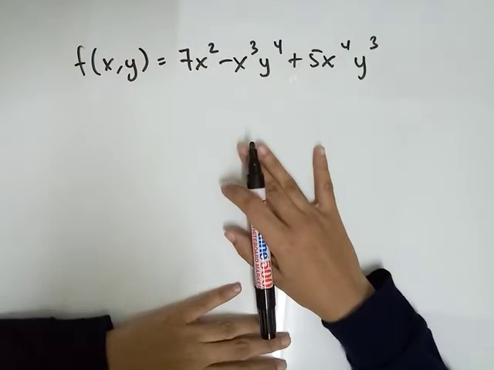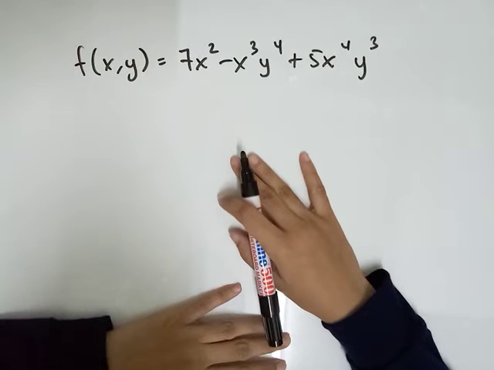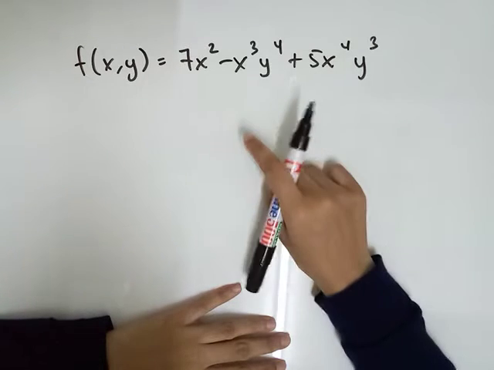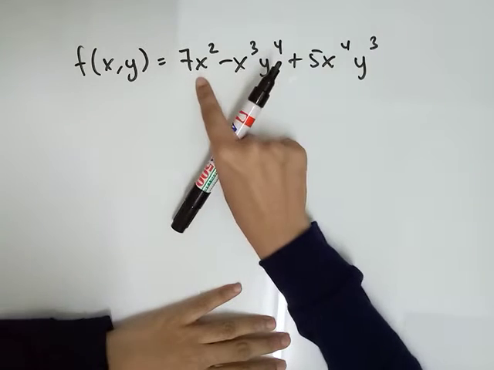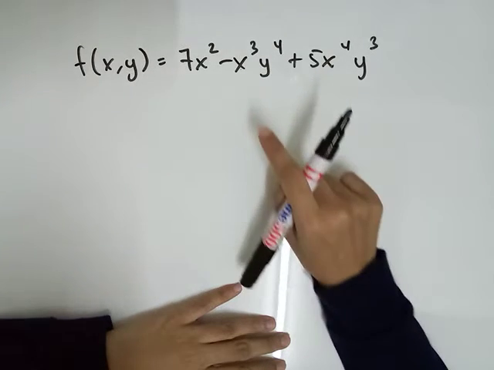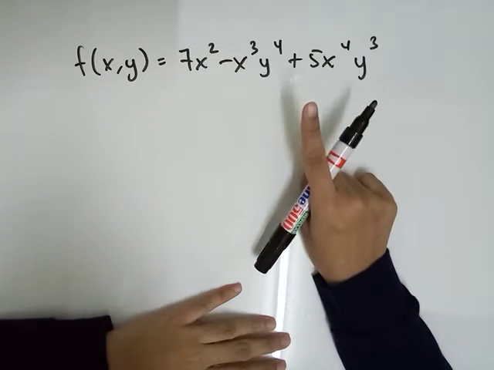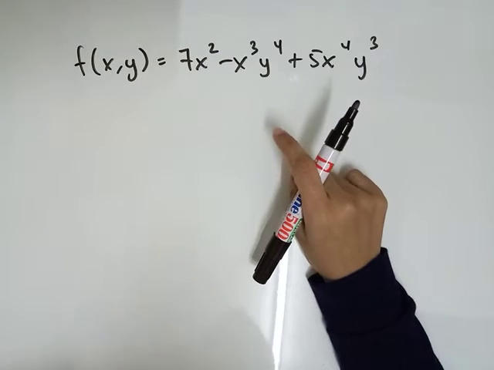So partial differentiation means we need to differentiate the two variables in one function. Okay, we need to differentiate the two variables, which are variable x and y, in one function. So how to differentiate?